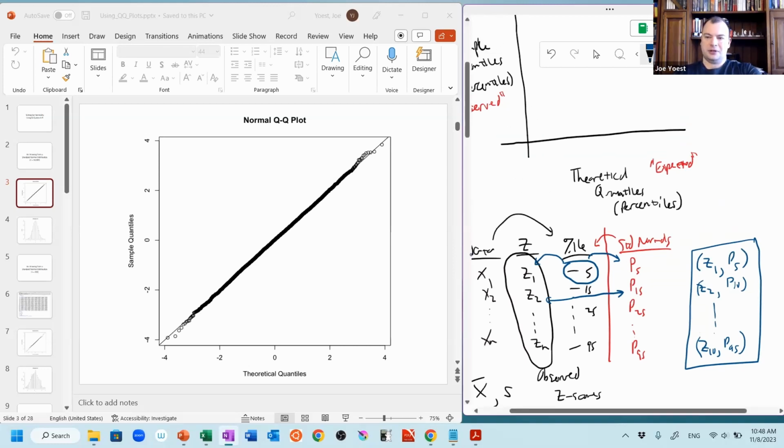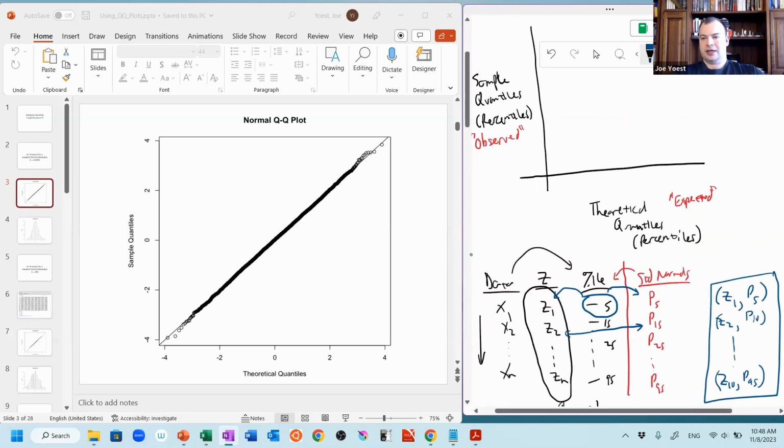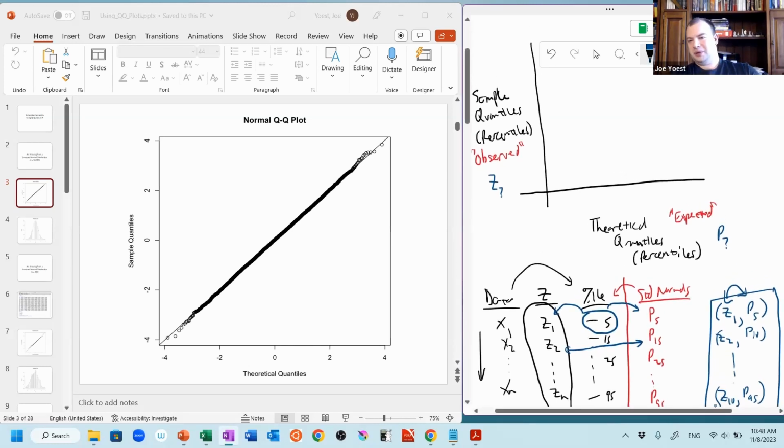I'm going to plot these ordered pairs. My theoretical quantiles are my P sub whatevers, and my observed are my Z whatevers. So I guess I'm kind of doing the ordered pair in the opposite direction. The way that I wrote them down here, my first coordinate is the vertical coordinate and my second is the horizontal. It doesn't much matter which orientation, which we'll see in a minute.